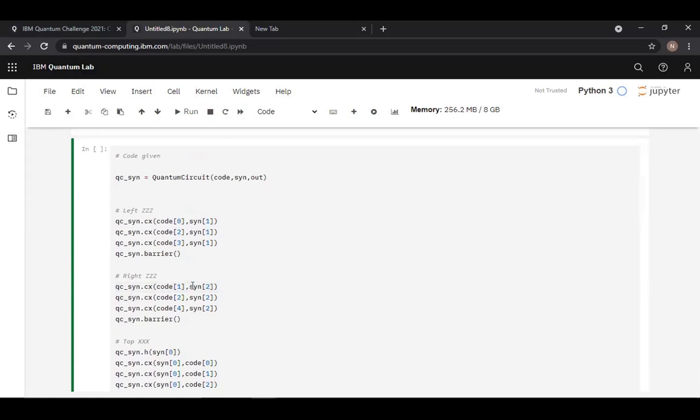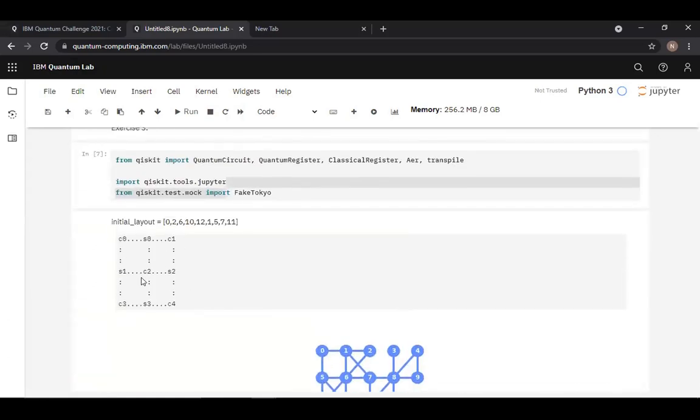If you try to implement this code on the fake Tokyo backend, it would give you an error, because there isn't any physical connection between C1 and S2, so you can't apply an operation. That's why we put a swap gate between C1 and C2 before any operation which involves C1 and S2.